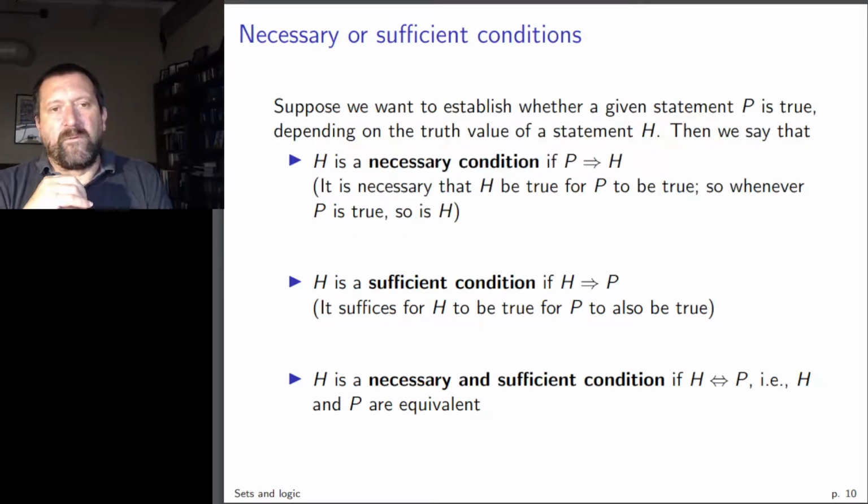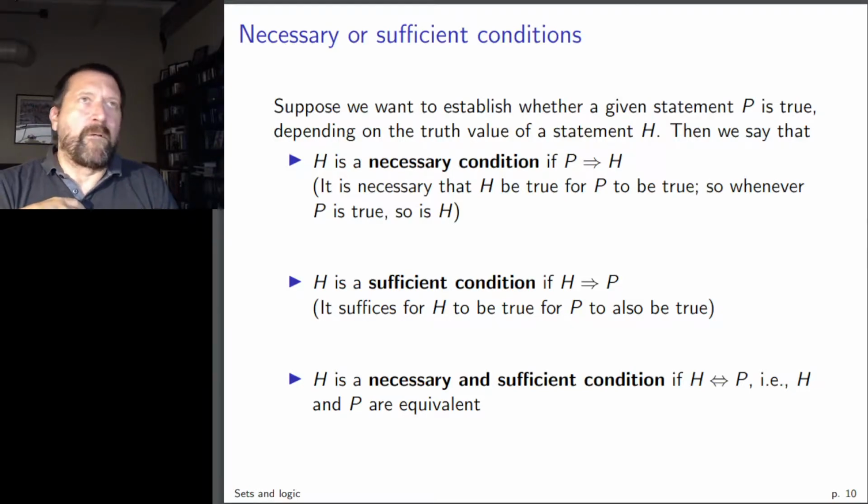Another important notion in logic, that you'll see used from time to time, is that of necessary and sufficient conditions. Suppose we have a statement P, which we want to determine whether it's true, depending on the value of another statement, H. We say that H is a necessary condition if P implies H. In words, it's necessary for H to be true for P to be true: when P is true, H is always true.